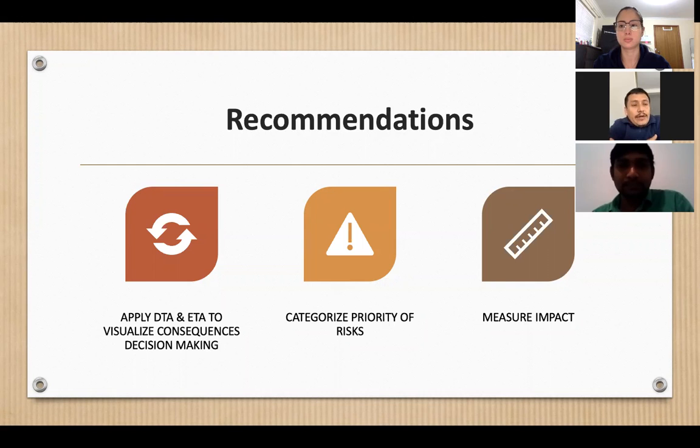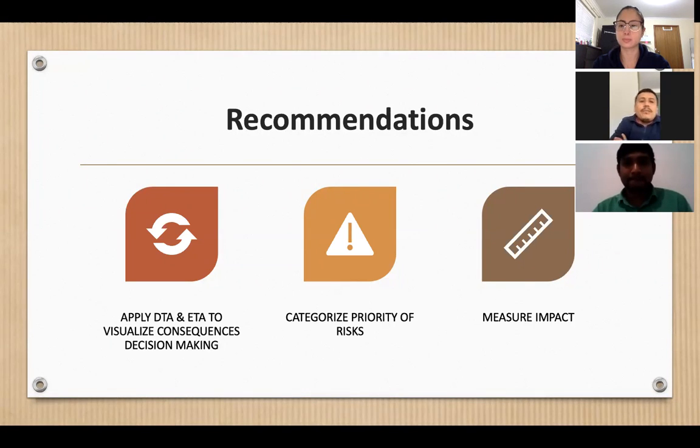The recommendation for this case is, first of all, to apply these tools, DTA and ETA, to visualize the consequences of decision making. Likewise, categorize the priority of risks. In this case, we prioritize two risks: machinery and quality of the final product.